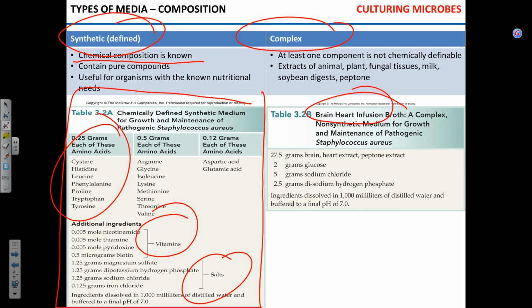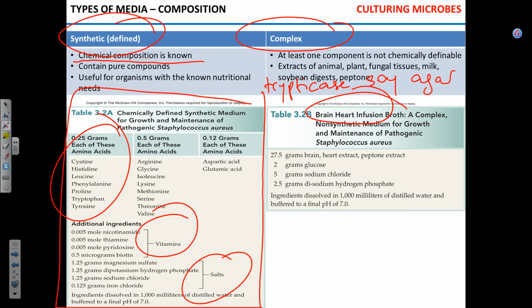But you don't really care, because what you need complex medium for is growth of whatever, right? That TSA plates, the TSA dishes, the Petri dishes that we used. TSA stands for trypticase soy agar.